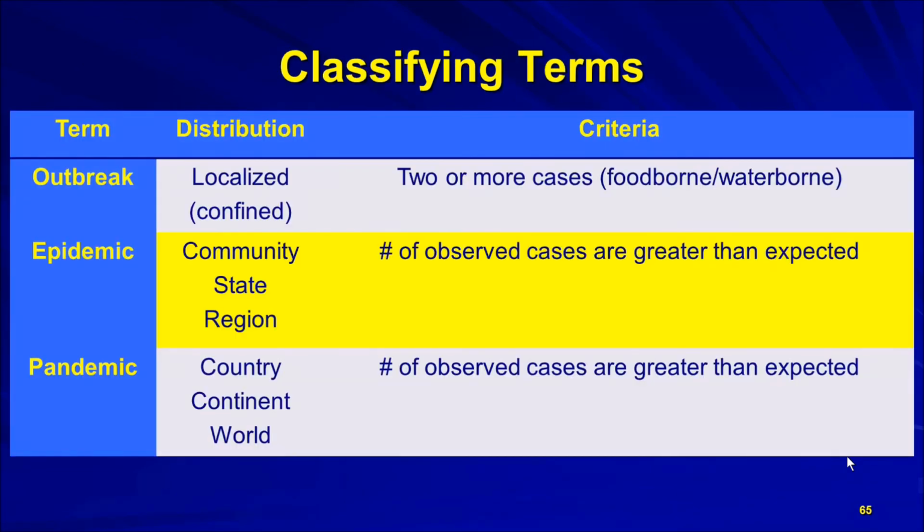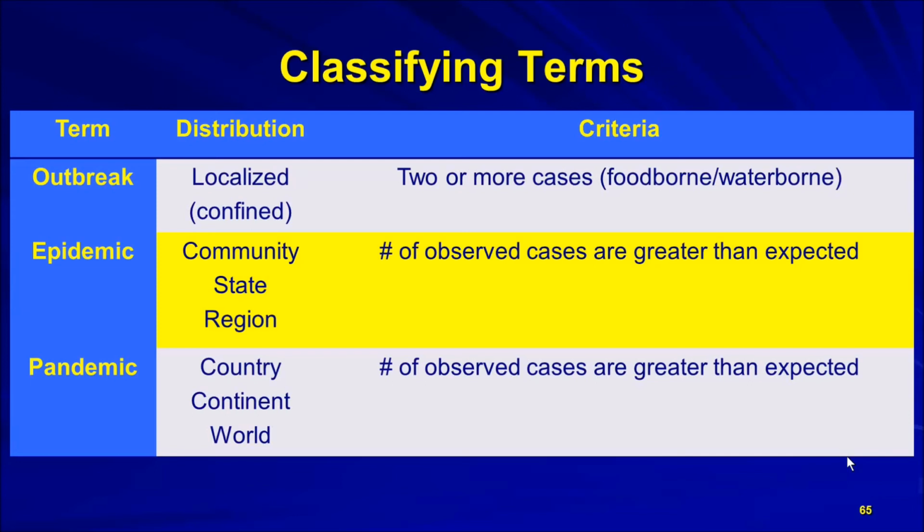Now notice, here is that all broken down for you. An outbreak is localized. It's 2 or more cases when foodborne and waterborne. There are no criteria for other kinds of diseases that aren't foodborne or waterborne. But again, the major factor there, if you had influenza, would be localized, and the observed would be greater than the expected.